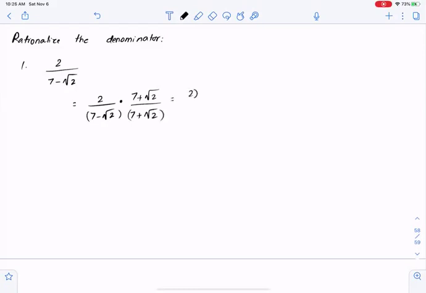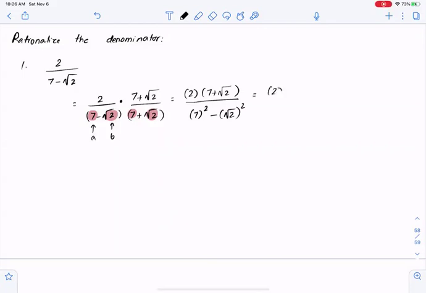In the numerator, we'll have 2 multiplied by 7 plus root 2. In the denominator, we have a minus b times a plus b, and we all know the special identity: a plus b times a minus b is simply a squared minus b squared. So we would have 7 squared minus square root of 2 squared.